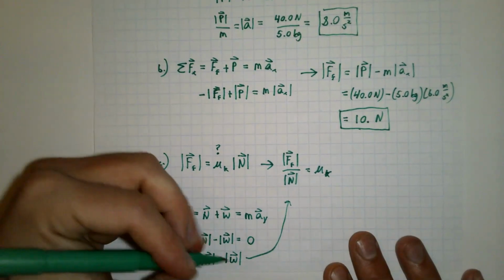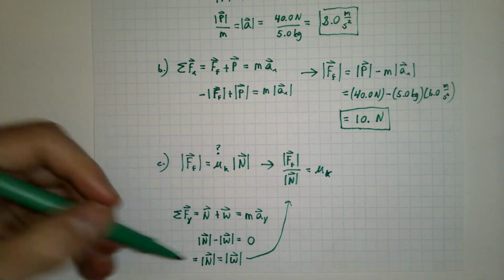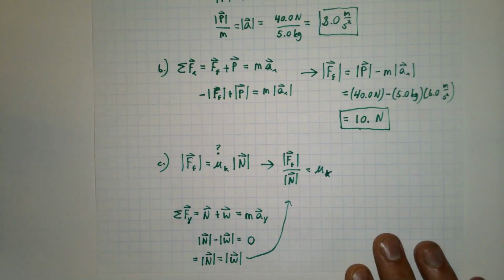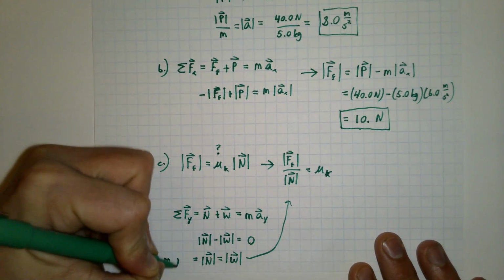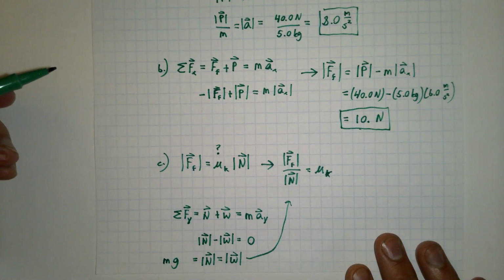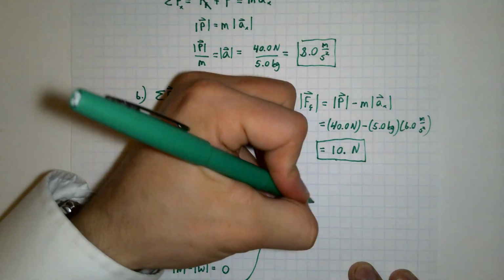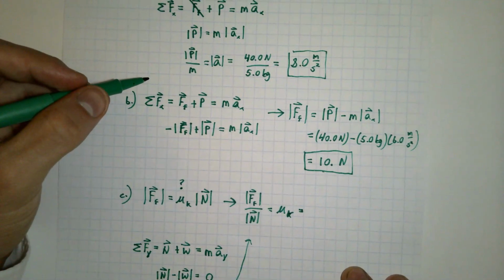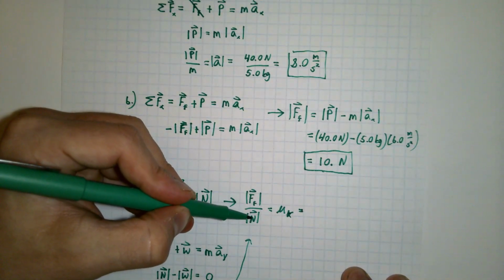Taking one step back right before we do that, since the normal force is the same as the weight, how do we quantify weight? Mass times gravity: the mass of our object times the gravitational field that it's in. So now I can rewrite this equation as the frictional force divided by mg.